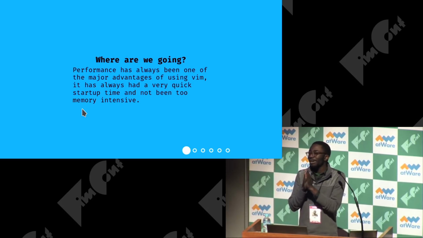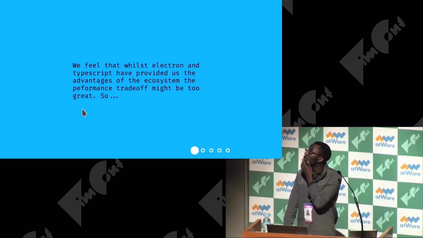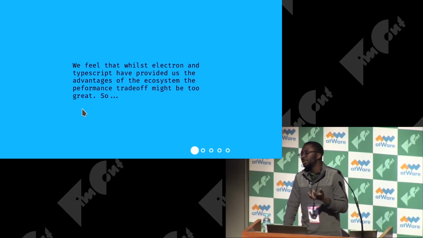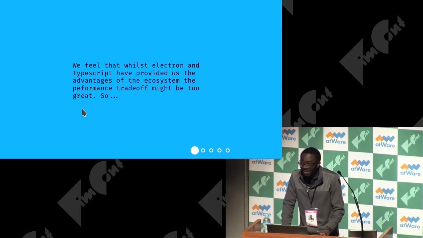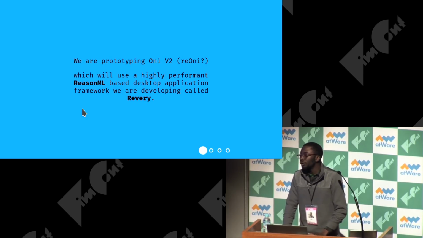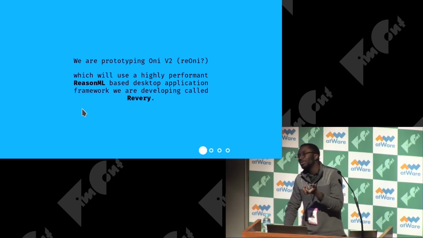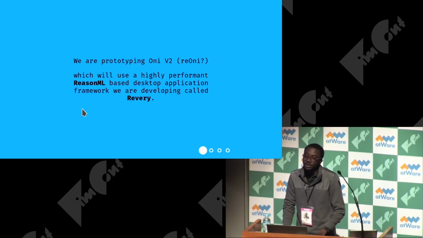So we're down the path of having to optimize Electron, or we've been thinking a lot about it, and we think that maybe there've been too many trade-offs. If anyone's familiar with the project, you may not have heard of it before, but what we're thinking of doing is prototyping, let's call it, a re-implementation of sorts.